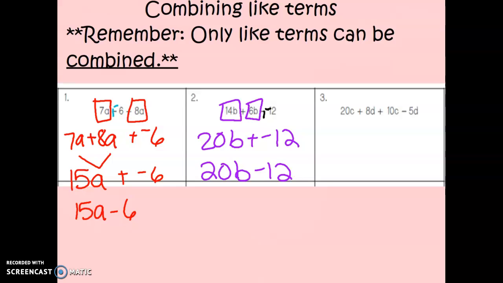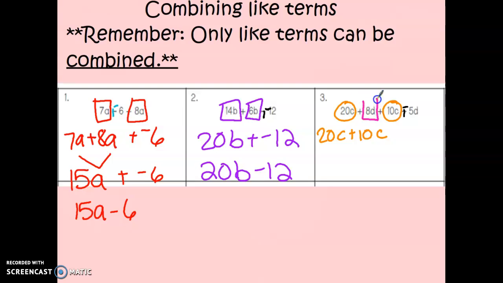All right, now I have 20c plus 8d plus 10c minus 5d. I'm going to go ahead and change it, adding the opposite. Then I'm going to identify my like terms. Okay, I have 20c and 10c. These have the same variable, so they are like. Okay, and you guys don't have to rewrite the whole problem. I'm only doing it to show you what you would do so that you would know how to combine these together.